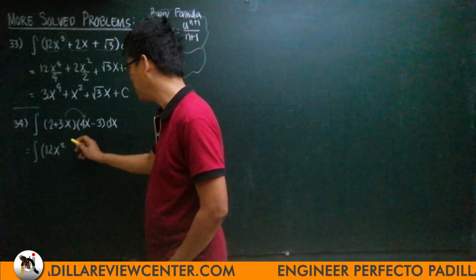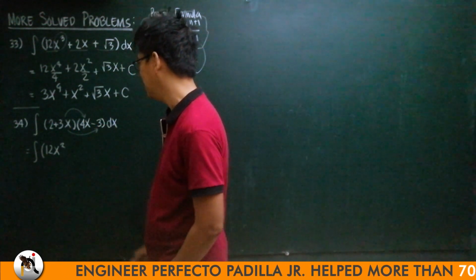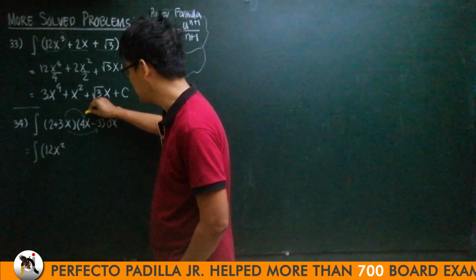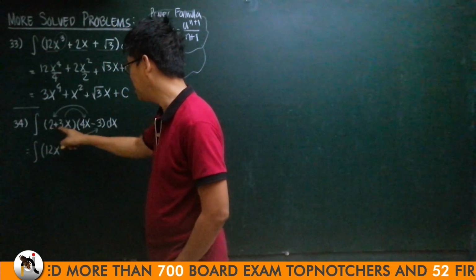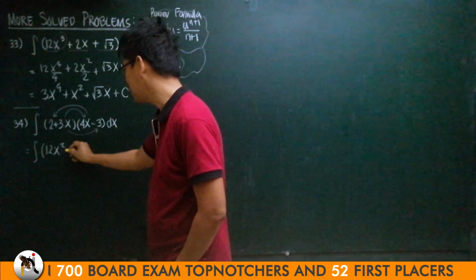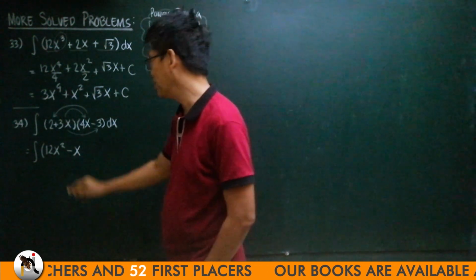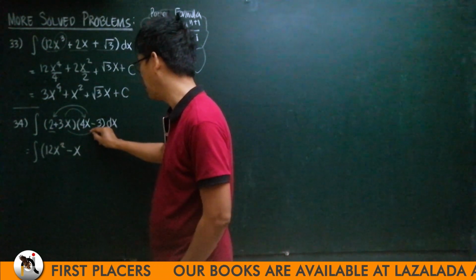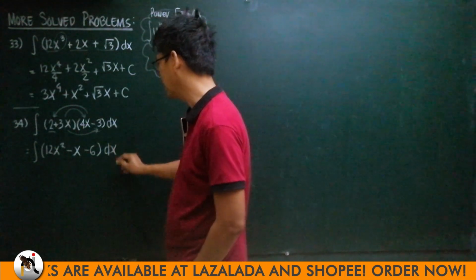Then the ones with x: you have 3x times minus 3, that is minus 9x, and 4x times 2, 8x. 8x minus 9x, that is minus x, right? And then the constant, 2 times minus 3, minus 6 dx.